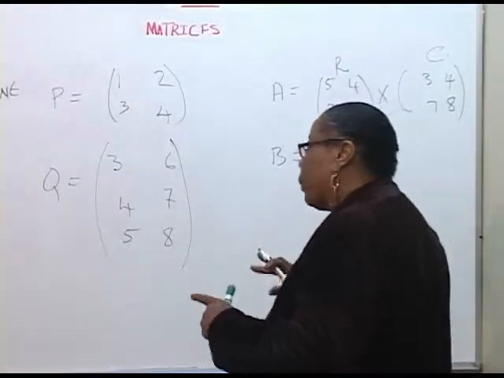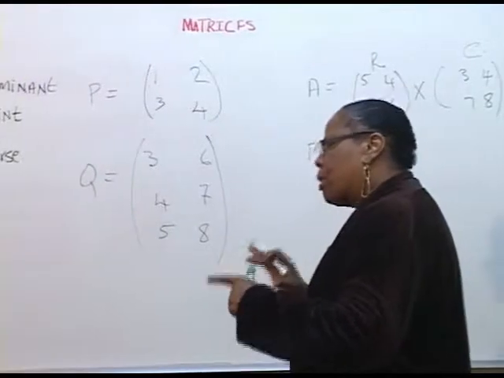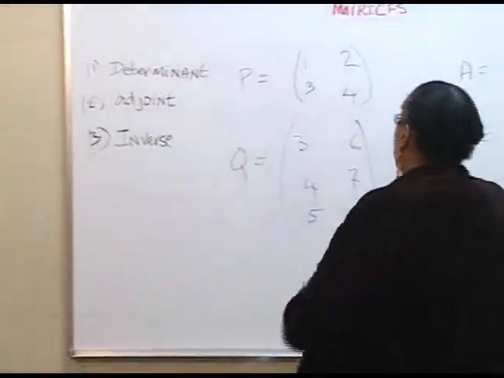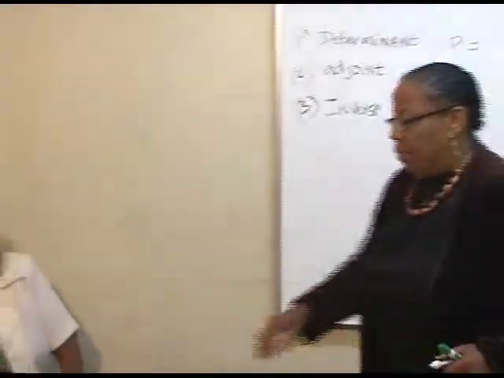Elizabeth, what happens when this does not happen? When we don't have the same number of rows and columns, our columns must match our rows. Now, what did we say the last time?